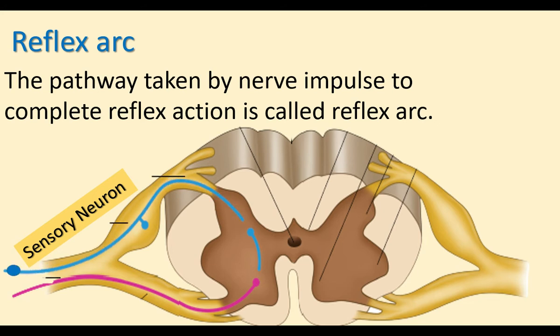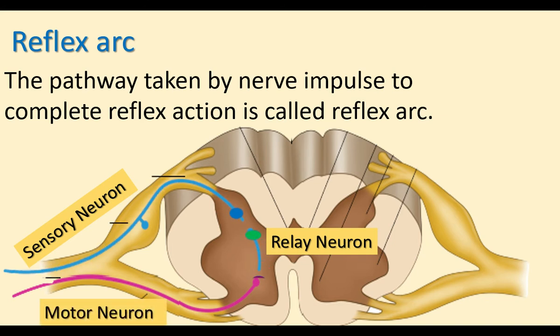The spinal cord analyzes the information and gives a command. The command of the spinal cord passes through a relay neuron. From the relay neuron, the information passes through a motor neuron. The motor neuron carries the information to the motor organ. Muscle is a motor organ. The muscle is working, so we move the hand out.